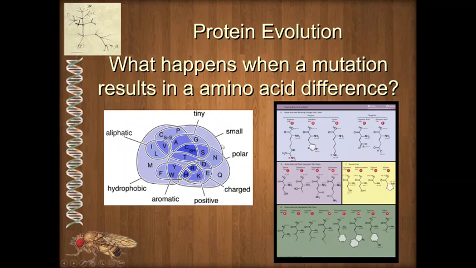So this is an important start if we want to think about models of protein evolution. What happens when I change one amino acid for another? I want you to start thinking about this, and we'll do it in some detail later on. We talked about models of nucleotide evolution, which are much simpler because we only have 4 nucleotides, and DNA really only has one job, and that's to code for genes.